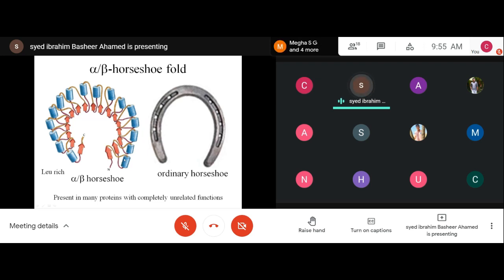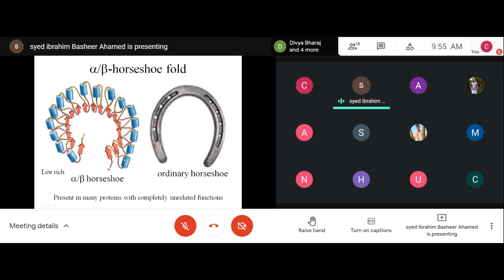There is no hydrophobic core inside the horseshoe. These proteins do not perform the same kind of function. They are functionally not relevant, but they keep the same structure.